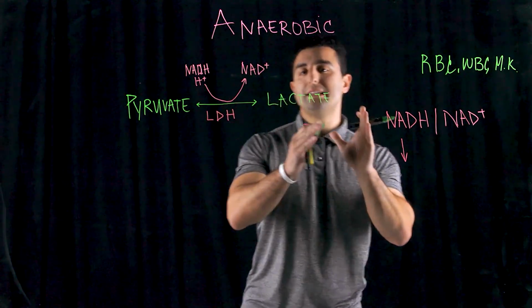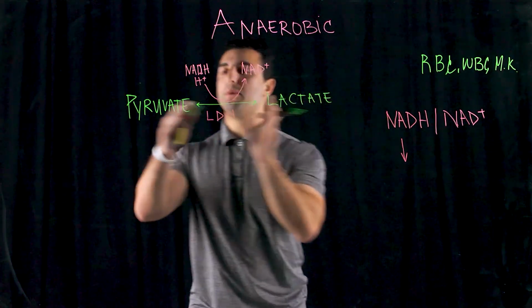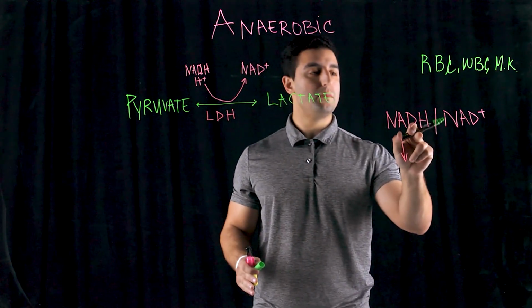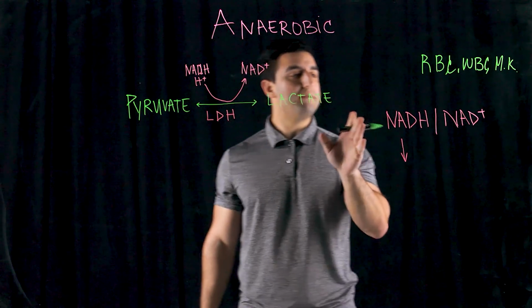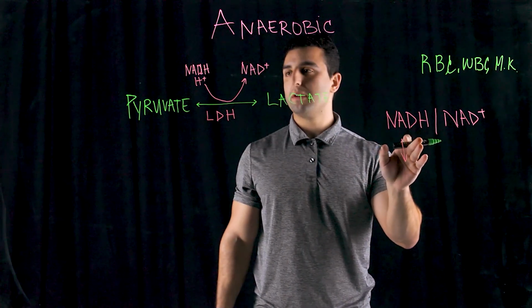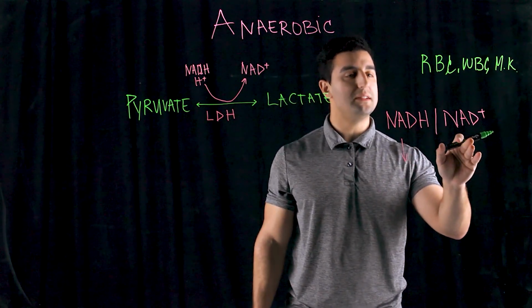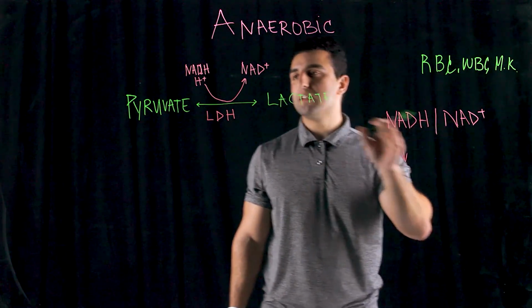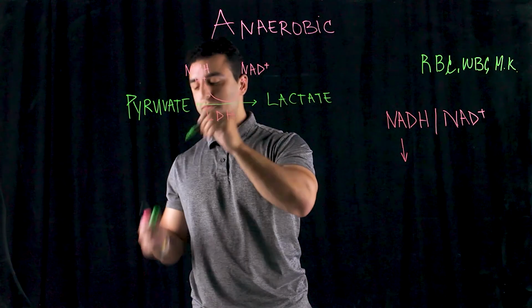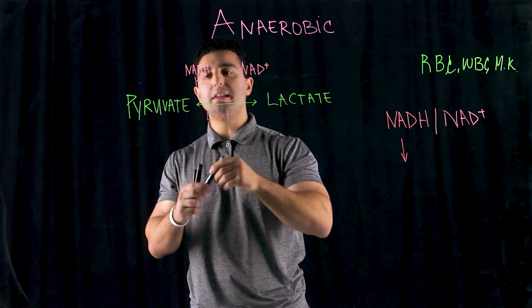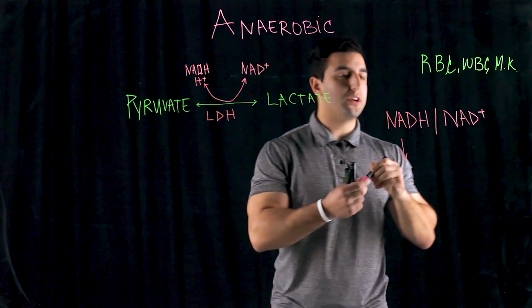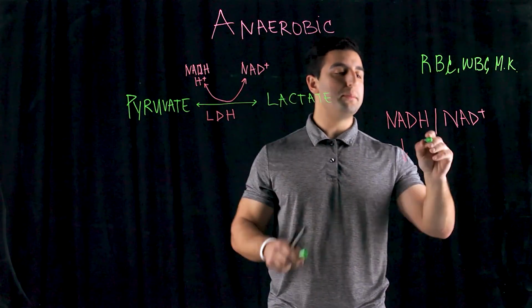Whether lactic acid or pyruvate is being produced depends on these chemicals. If there is a low NADH to NAD positive ratio, meaning there's less NADH compared to NAD positive, the reverse reaction occurs and you have more pyruvate production.